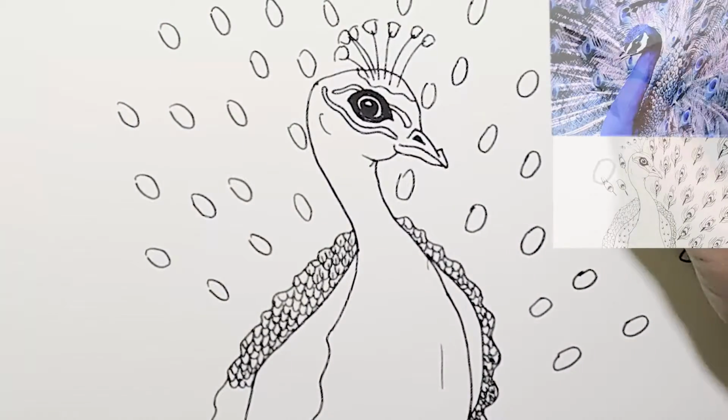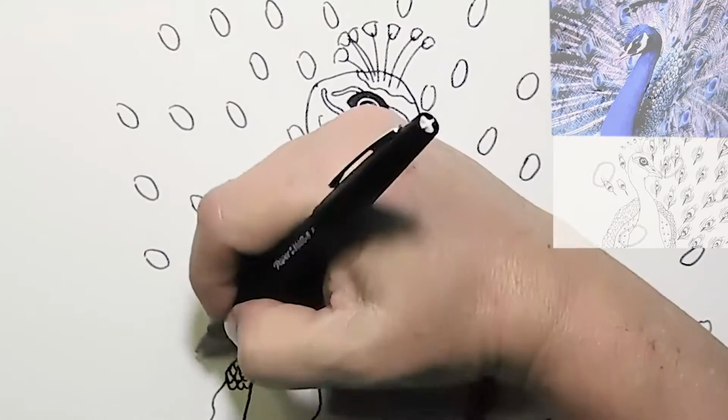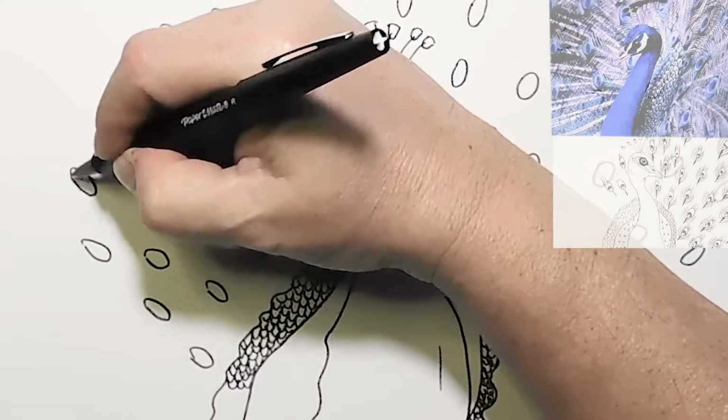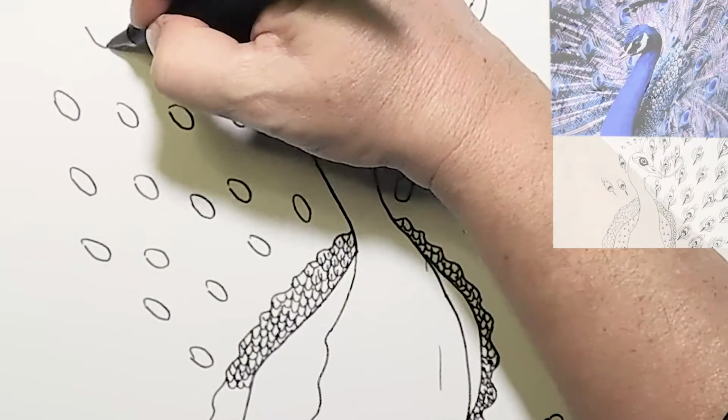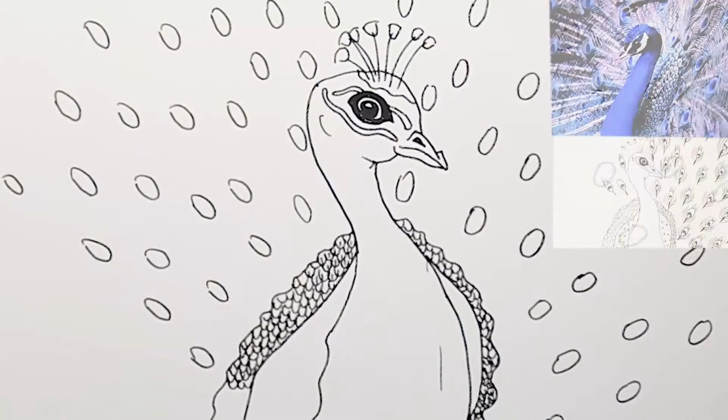So you see I'm really putting some interesting things to complete this composition. It's going to allow the eye to really travel around the page. Okay, so you kind of get the idea. You can fill up the whole page.